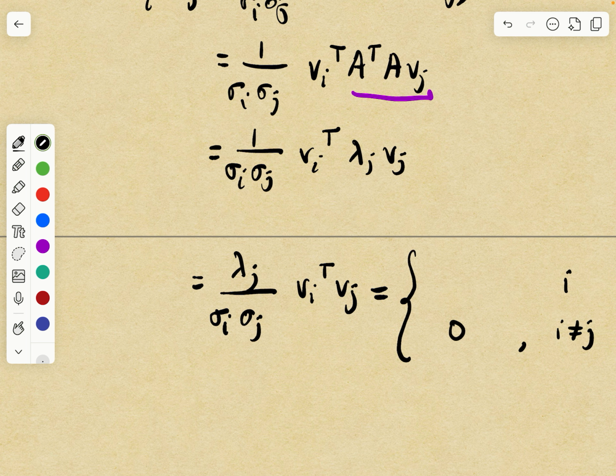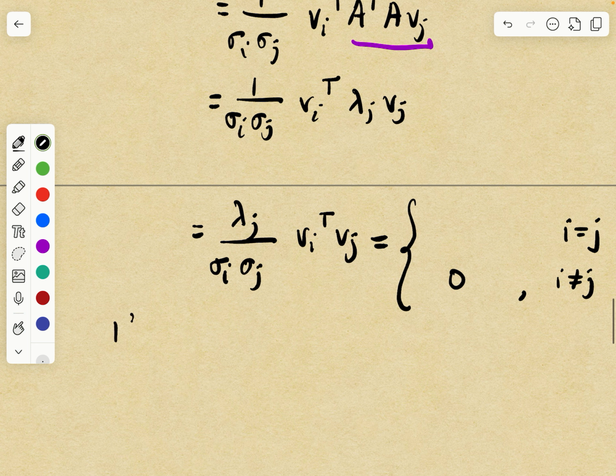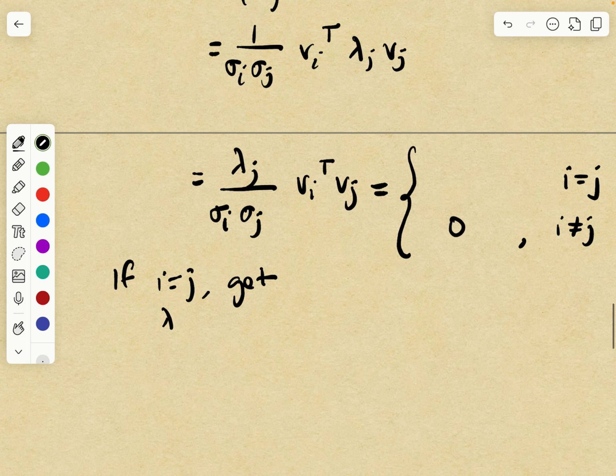Now what if i is equal to j? Then they're all the same, right? So we get lambda i over sigma i times sigma i, that's sigma i squared, and then I get Vi transpose Vi.